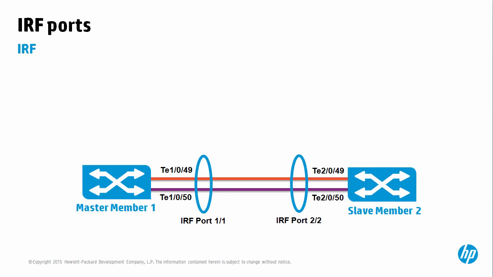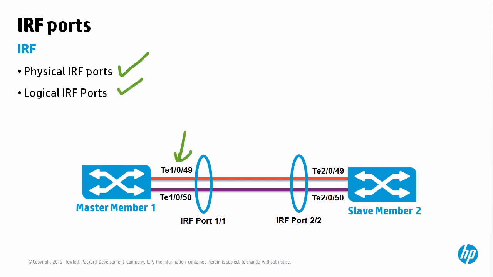Another important concept when discussing IRF is the concept of physical IRF ports versus logical IRF ports. Physical ports are ports such as 10 gigabit 1049 or 10 gigabit 1050. These are the actual physical ports used to connect 2 switches or multiple switches in an IRF system.